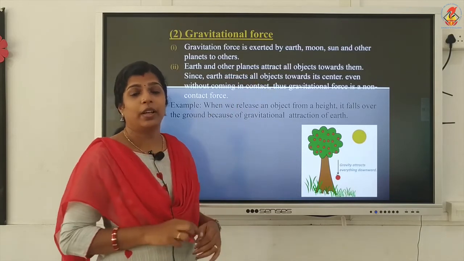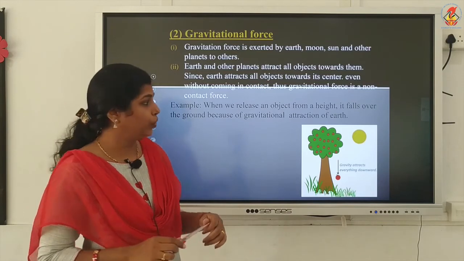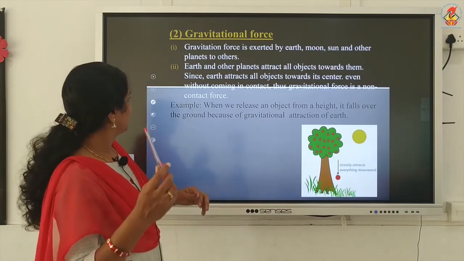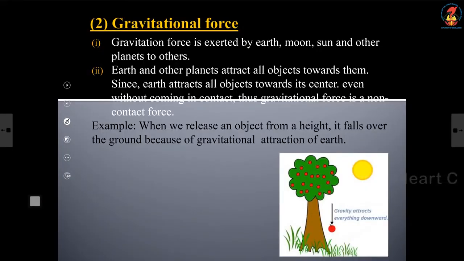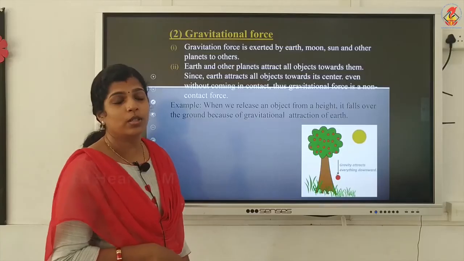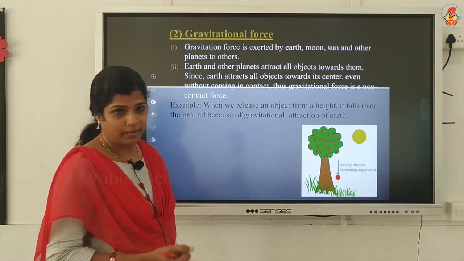That's because of the gravity of the earth, or the gravitational force of the earth. It means the earth will attract this object towards the center. That's gravitational force. You will study in detail about gravitation in class 9.